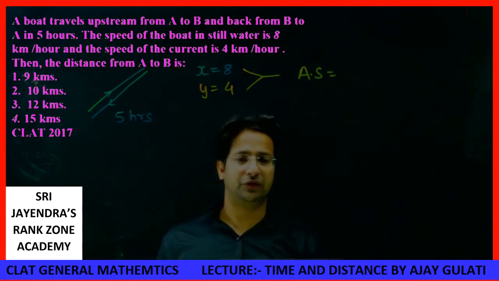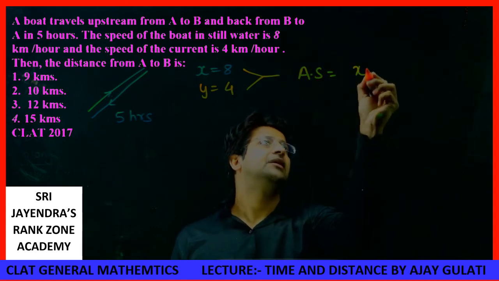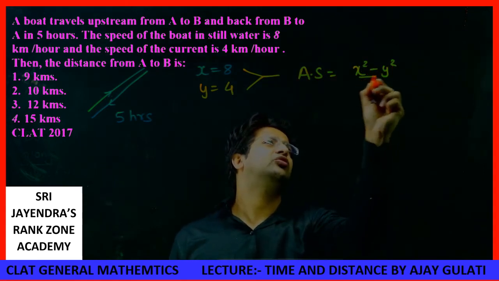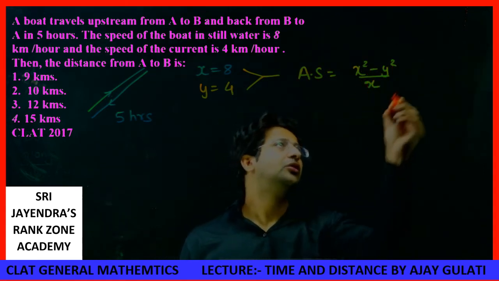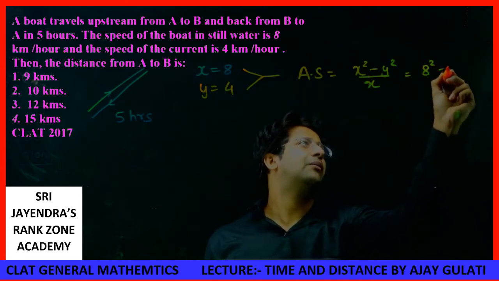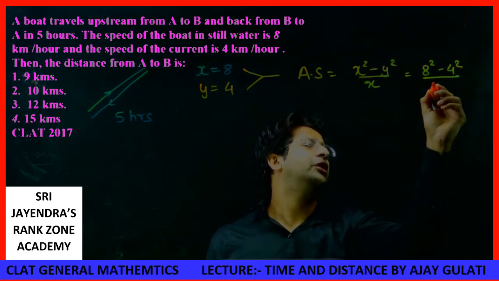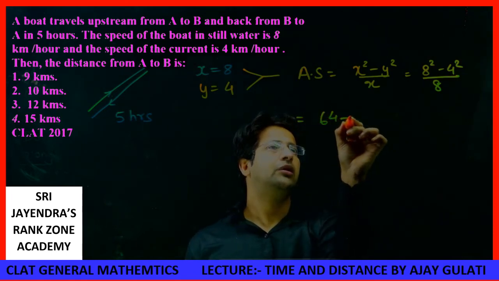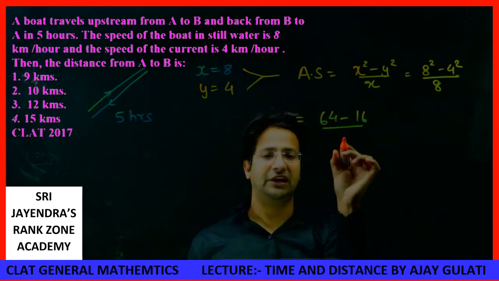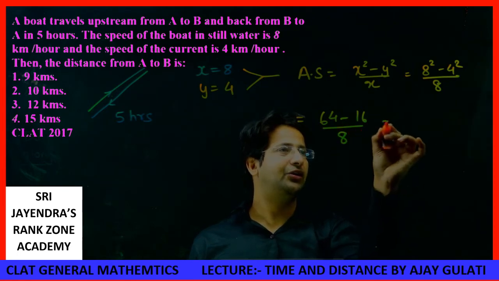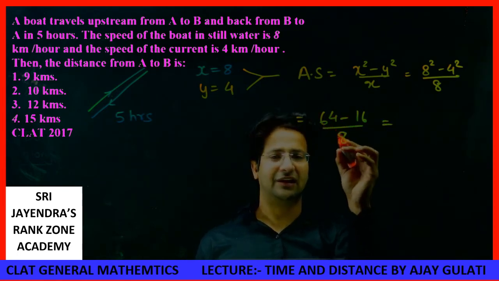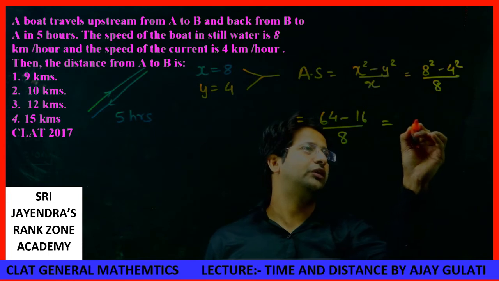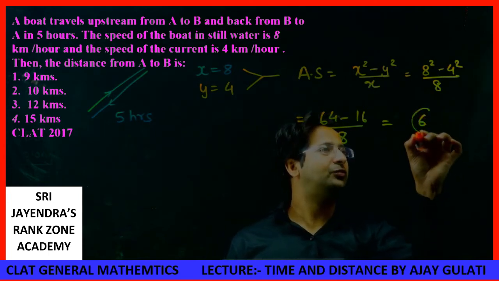I just told you the formula for the average speed. Average speed is x square minus y square upon x, or 8 square minus 4 square upon 8. 8 square is 64 minus 4 square 16 divided by 8, or you can just cancel everything by 8. This is 8 minus 2, you get 6. So your average speed is 6.